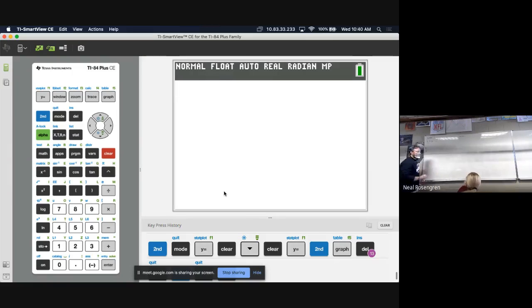But let's start by making it up. And I'm going to start simple because I know that rational functions are basically brand new to everybody. So I want to start with a simple rational function. I'm just going to call it f of x. To make a rational function, rational, ratio, fraction.